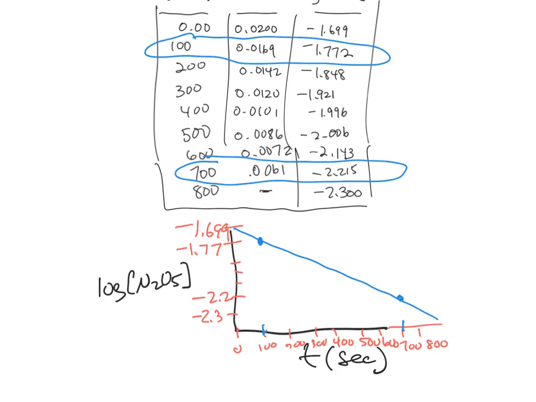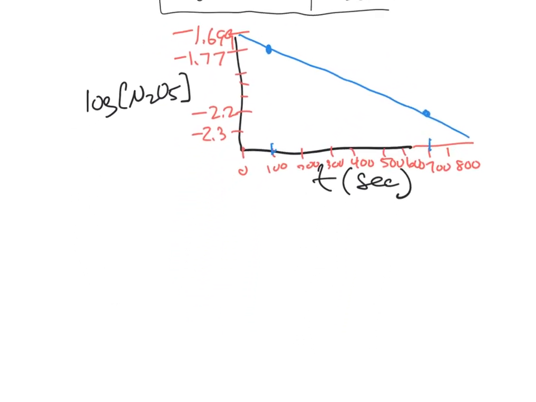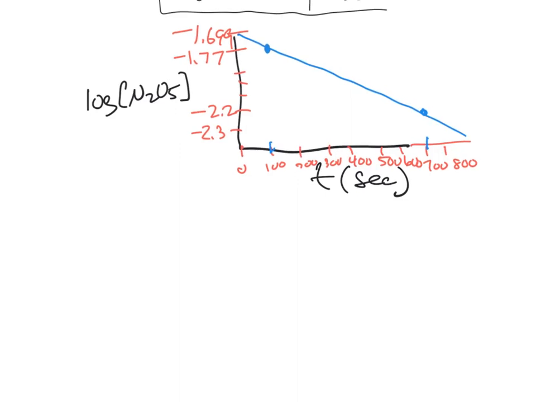Okay, so what is the slope of that line? You're going to take the change in y divided by the change in x to get the slope. So it's going to be the change in the logarithm of the concentrations divided by the change in time. So the slope would be m.